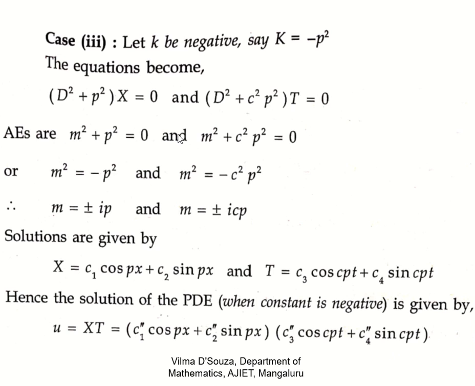This is the solution of the one-dimensional wave equation. Similarly, we are going to derive the solution of the one-dimensional heat equation in a similar way. You are considering u is equal to xt as the solution and considering three cases: k is 0, k is positive and k is negative.